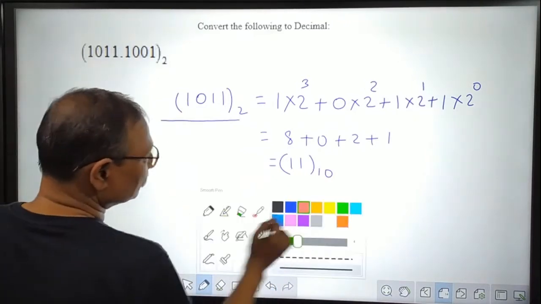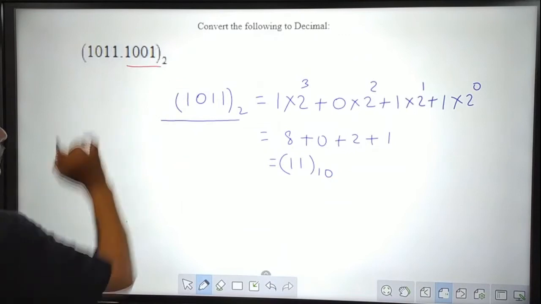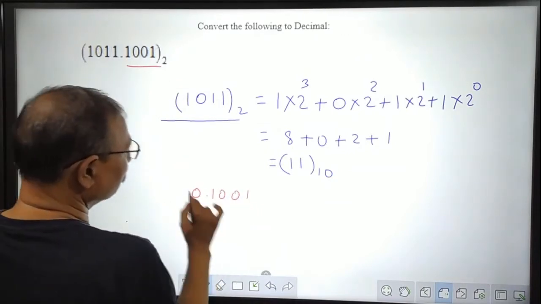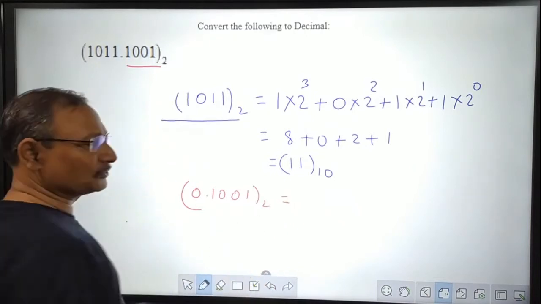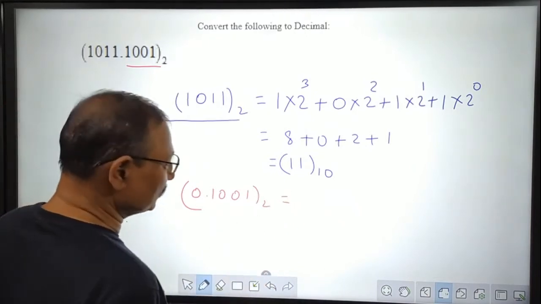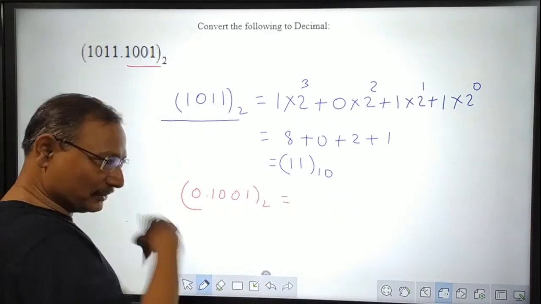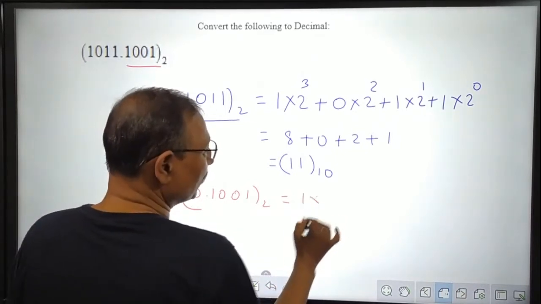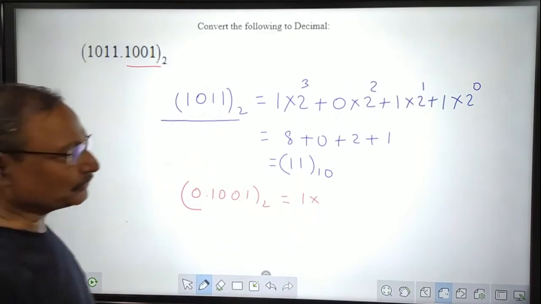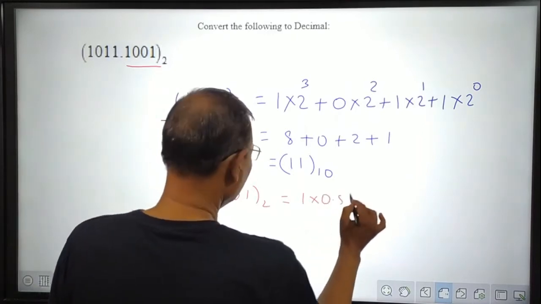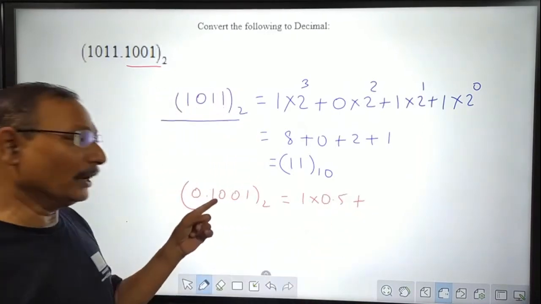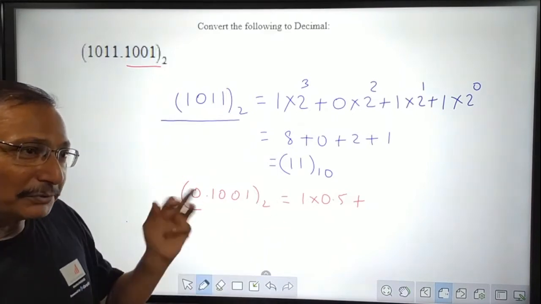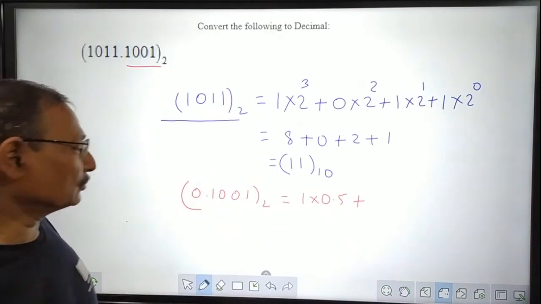Now convert the fractional part, that means 0.1001, into a decimal fraction. For that purpose we multiply this 1 by 1 by 2, that means 0.5, and this 0 by 1 by 2 squared, that is 0.5 squared.